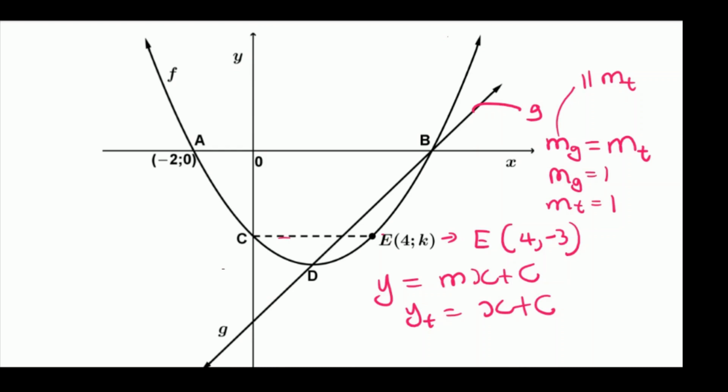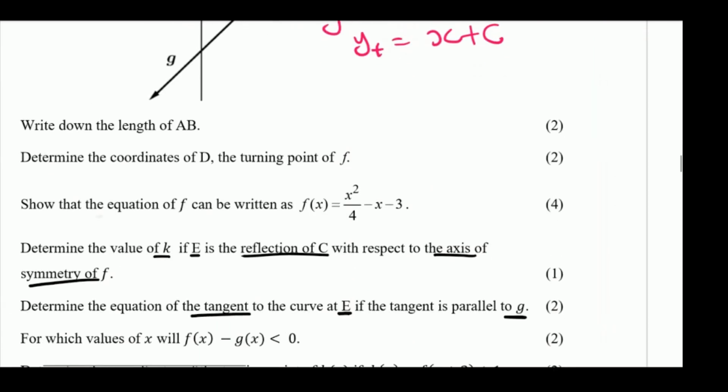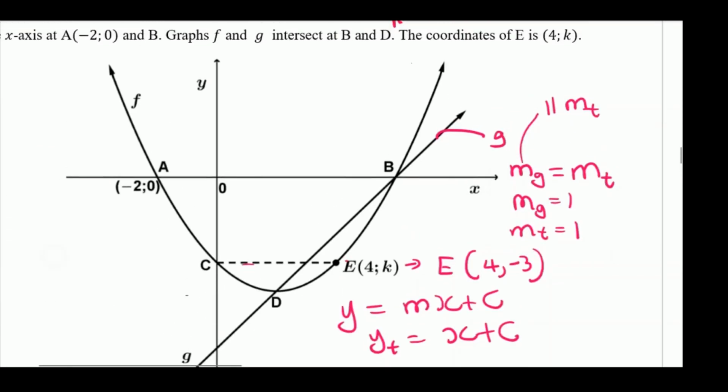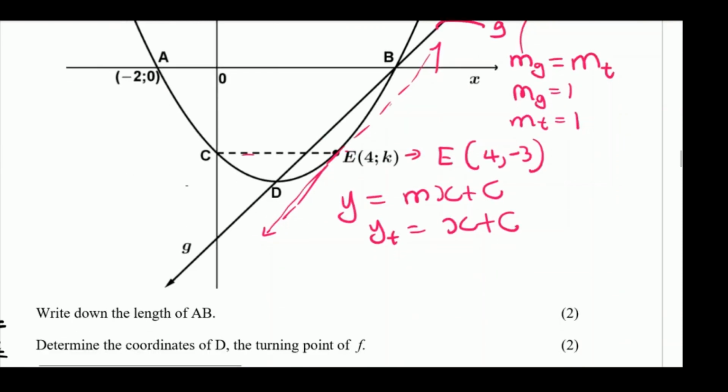We are told that it is the tangent to the curve at E, so it means the tangent passes through point E. It might look something like this. So this would be the tangent. This means we will use the coordinates of E to find this value of c. So these are the coordinates of E.